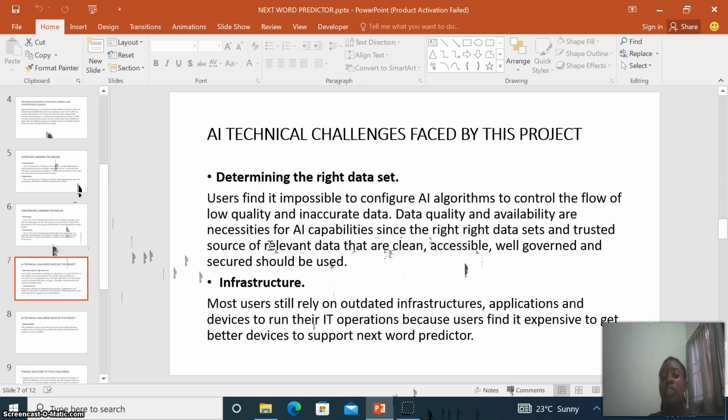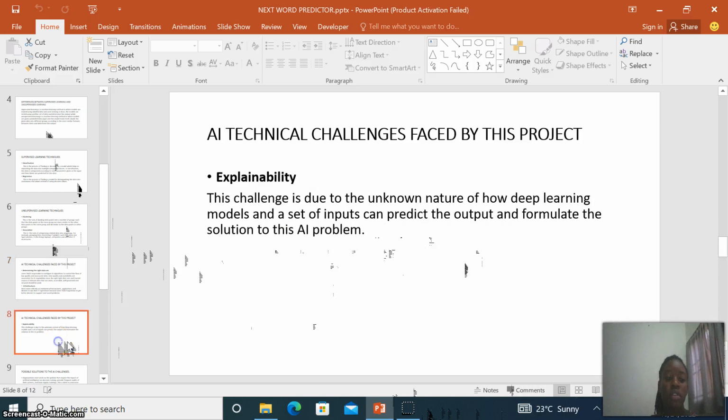So most users still rely on outdated infrastructure, applications and devices to run their IT operations because users find it expensive to get better services to support the next word predictor. So this next word predictor mostly requires those phones which are of high quality and may be expensive to other users.